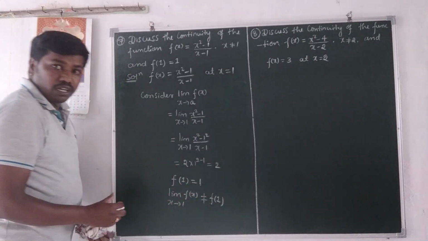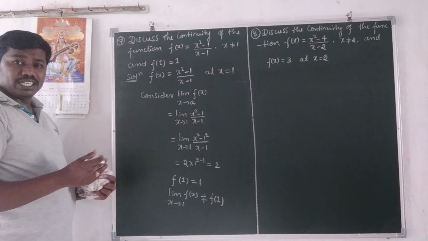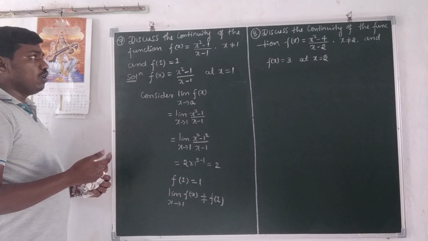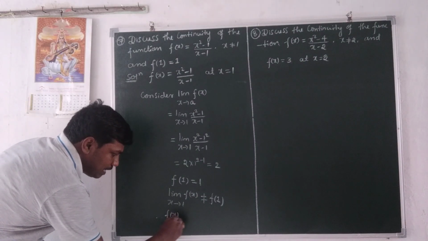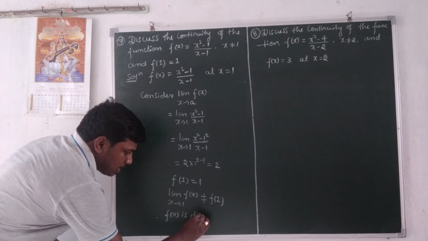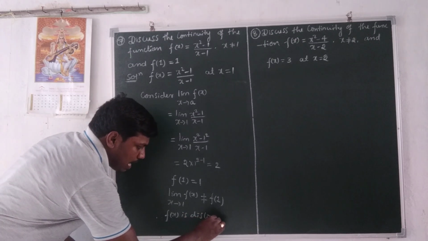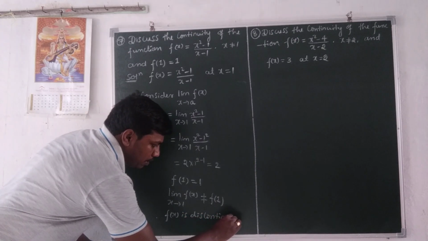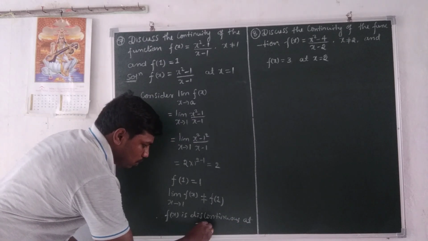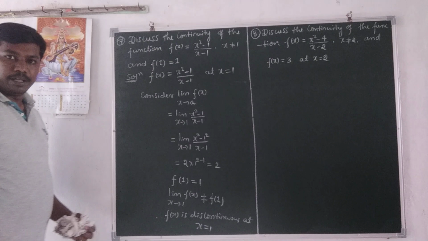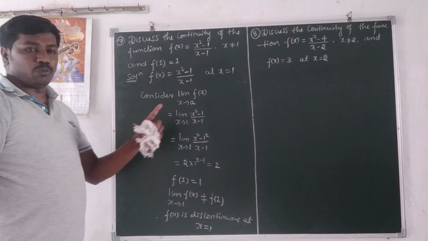It indicates that f of x is not continuous at x is equal to 1. Therefore, f of x is discontinuous at x is equal to 1. Is the problem clear? Let us go to the next problem.